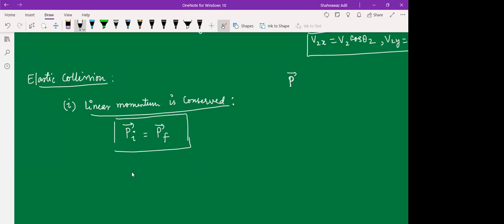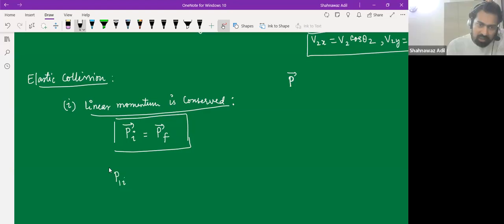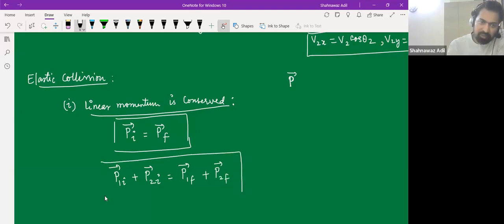So P1 initial plus P2 initial would be equal to P1 final plus P2 final. Is this clear?